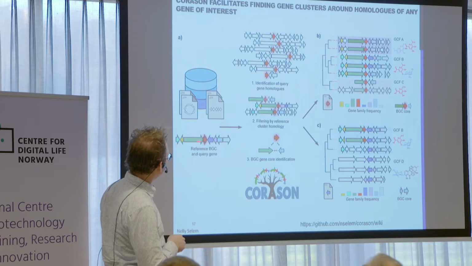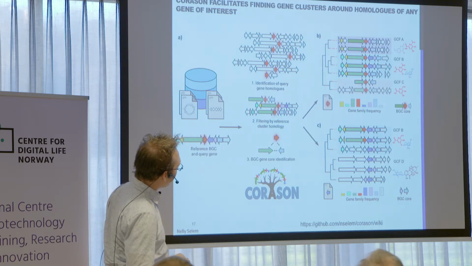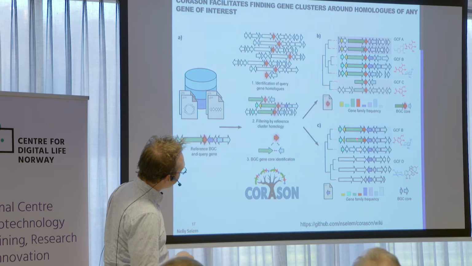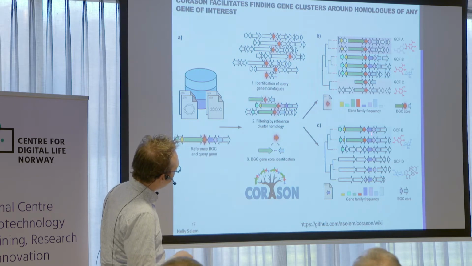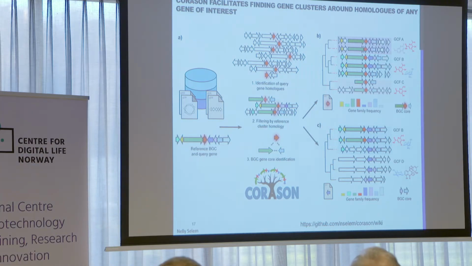You can take any gene of interest from your gene cluster of interest, then look for all the different contexts in which you find this gene together with at least one other gene in the cluster, and identify, for example, different gene cluster families that have this gene together with at least one other gene in the cluster, to be able to look at how that particular enzyme family evolved in what kind of gene cluster content.